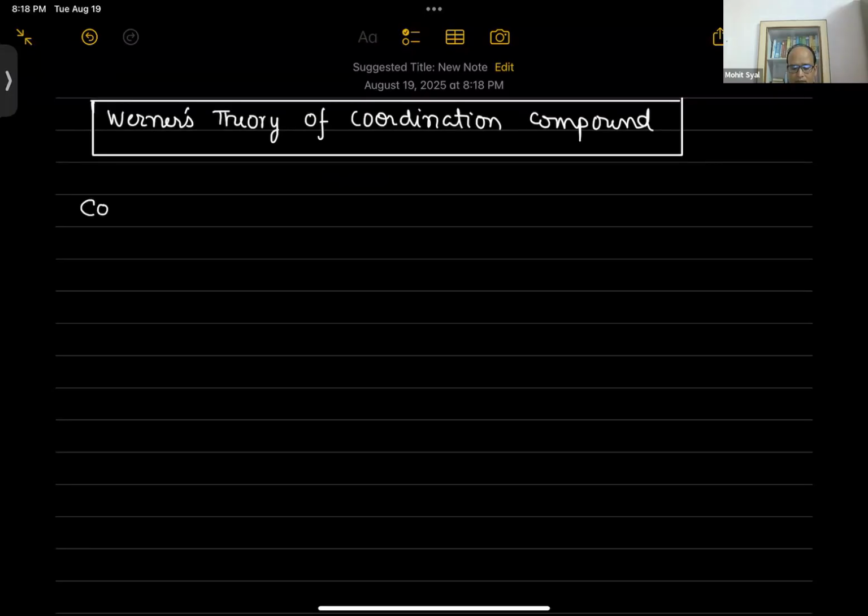First, let's proceed with the compounds which Werner formed. So he reacted ammonia and cobalt chloride together, and he observed the formation of CoCl3·6NH3.